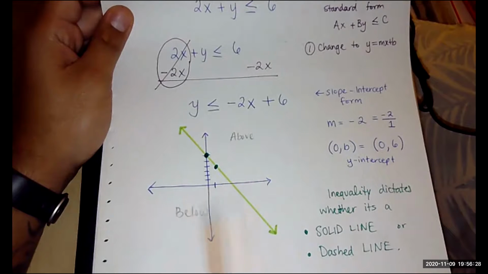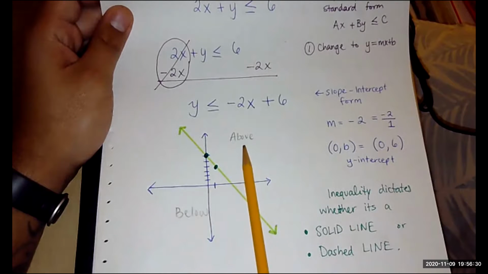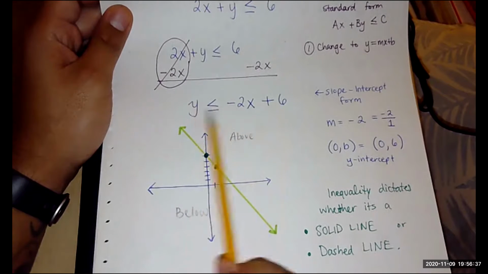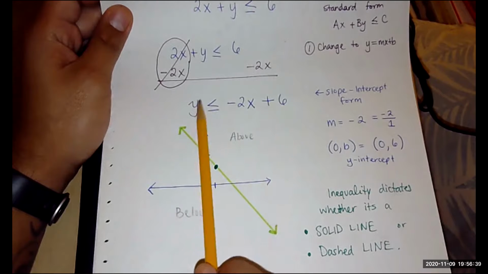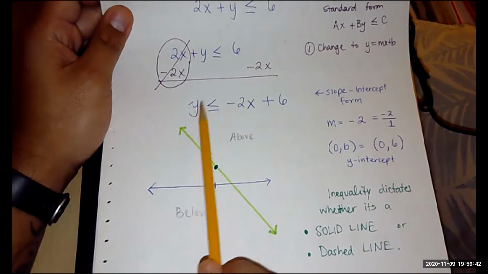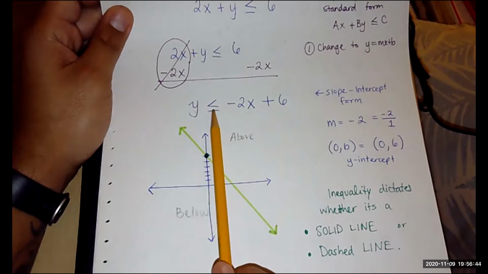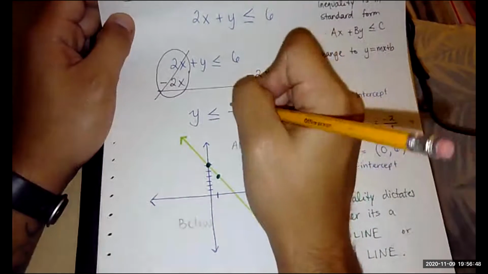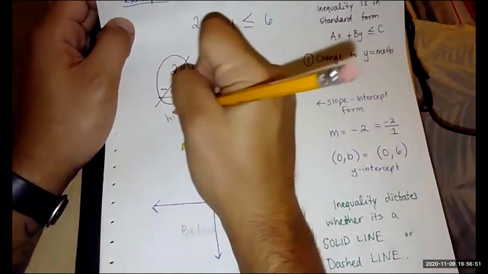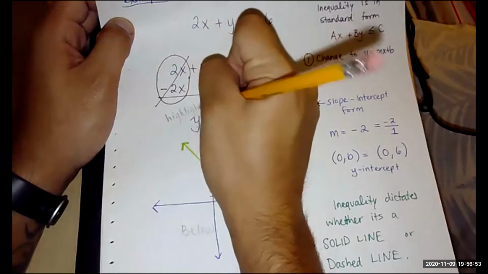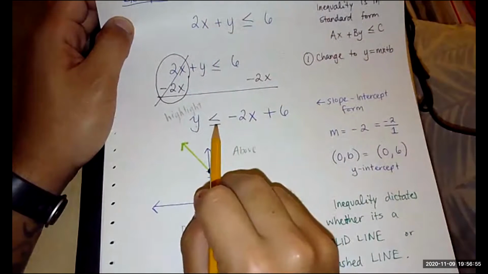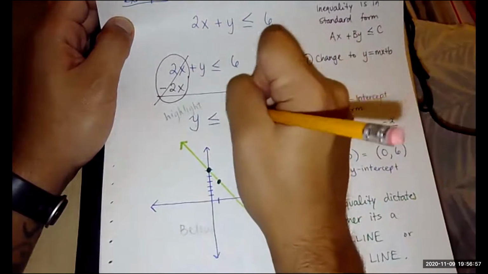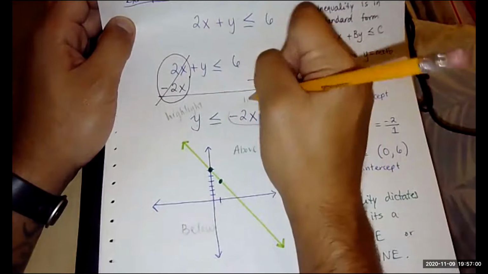And when you graph inequalities, you're going to have to choose whether or not to highlight the region above or below the line, because that's what this graph is telling you, or this is what the equation is telling you, that the y values have to be less than or equal to this part, which I like to say is telling you highlight blank, and then this part is telling you where the line is.